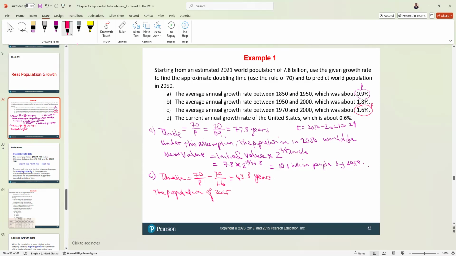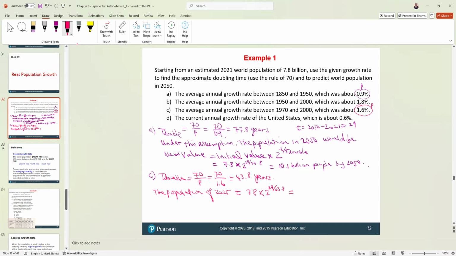We're still doing 2021. The population from 2050 would be the initial value, 7.8 times 2 to the power T, remember T doesn't change because 2050 minus 2021 is 29 years over the doubling time, 43.8.